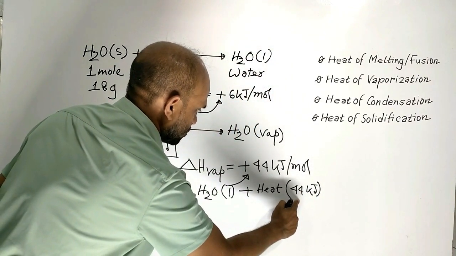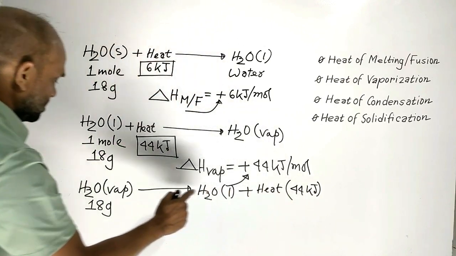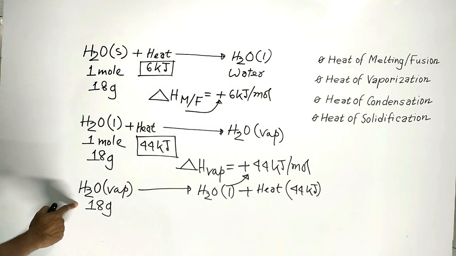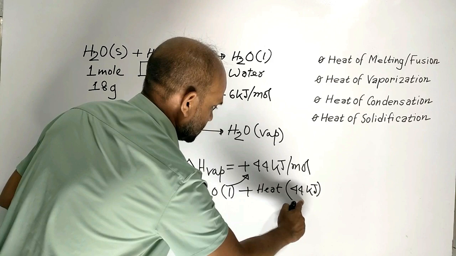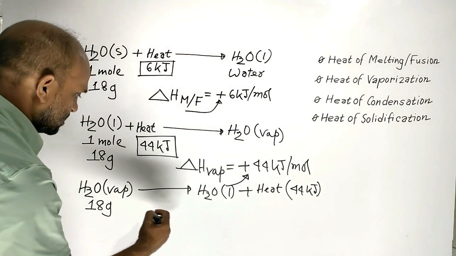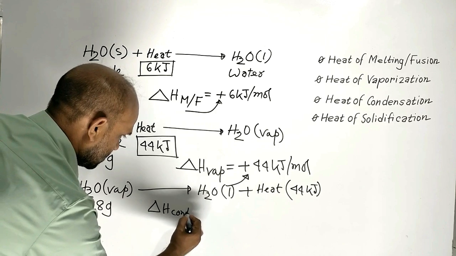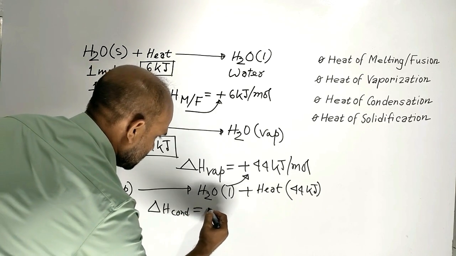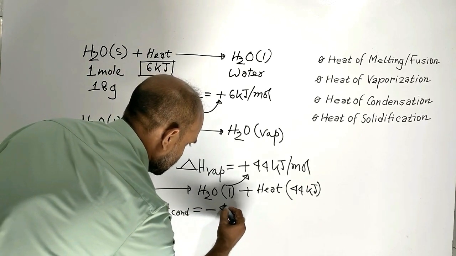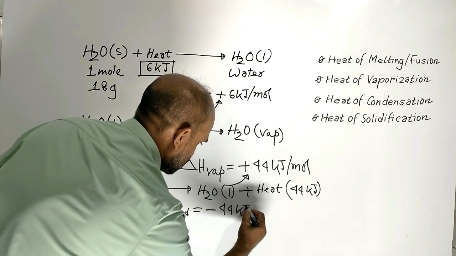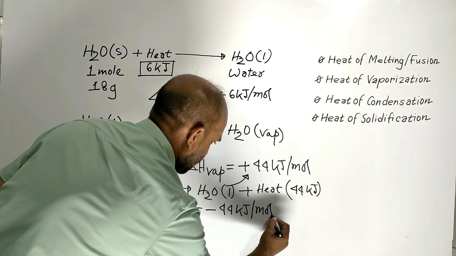This 44 kilojoule which is released from this process is called heat of condensation. It is denoted by delta H condensation. This is minus 44 kilojoule per mole.